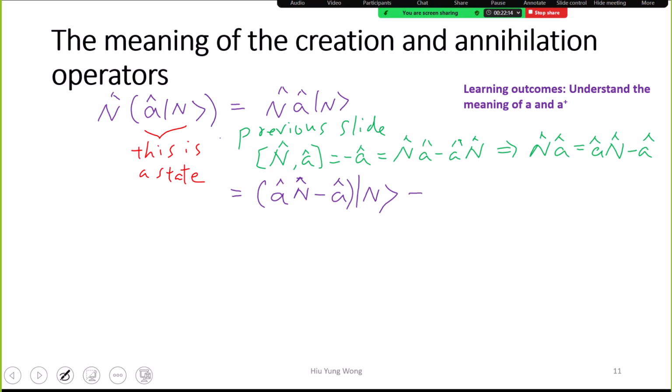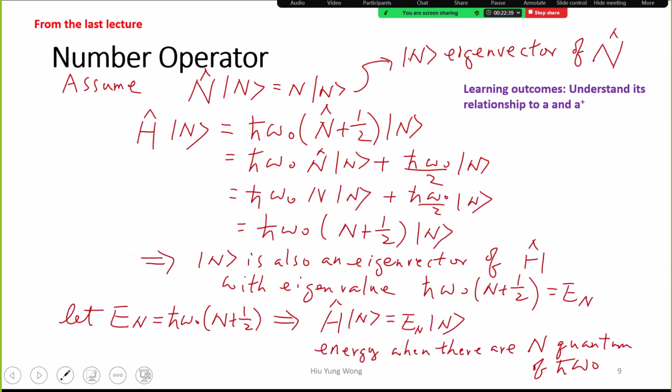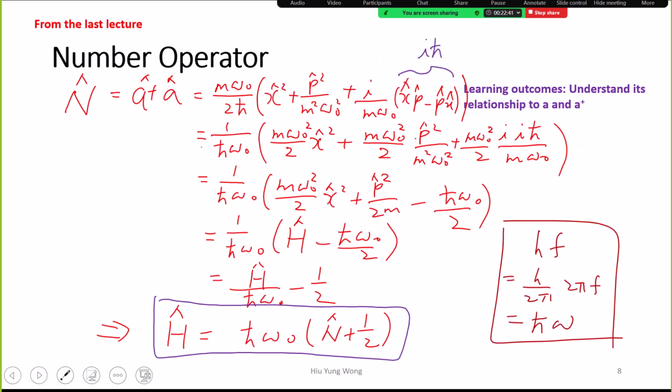So with this, let's take a look. What is N applied to N? And what is A applied to N? What is N hat applied to N? Do you still remember their relationship?